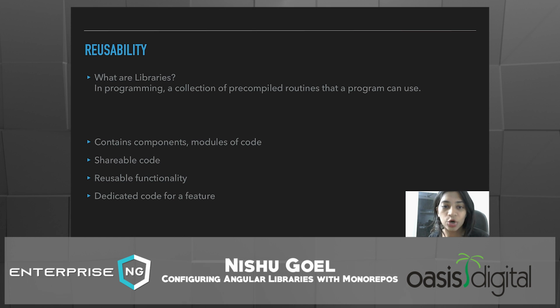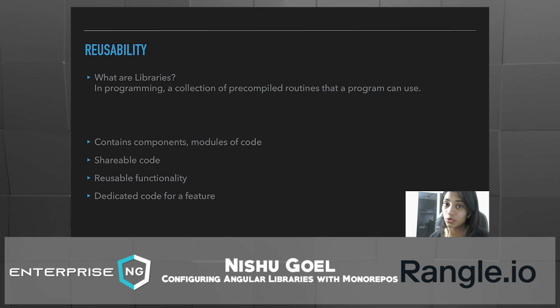It contains modules of code if it's a large library, for example. It has this shareable code. Shared code is the main feature of building libraries and monorepos. Then your library should have this reusable functionality, and that's the whole idea why we are convinced that, okay, let's build a library.